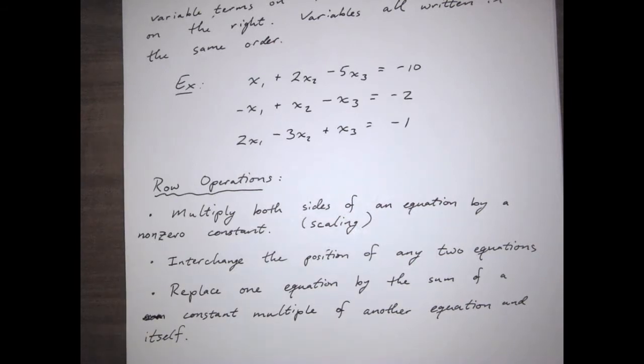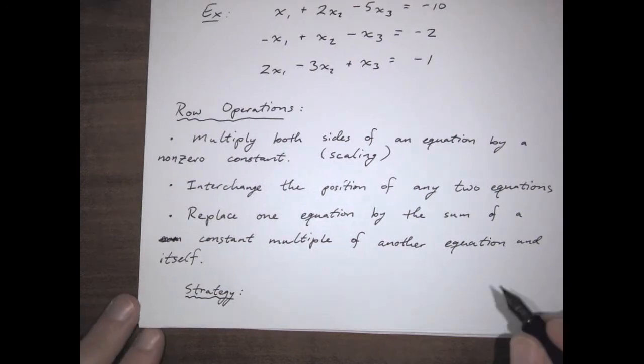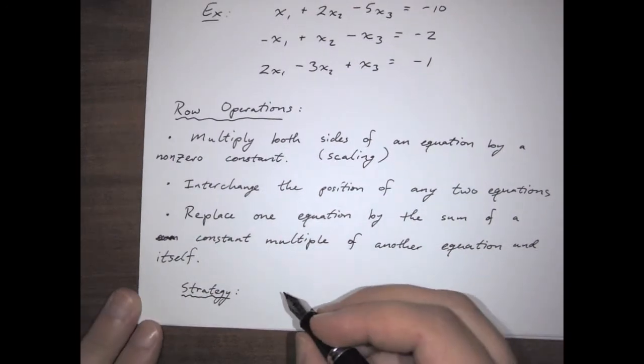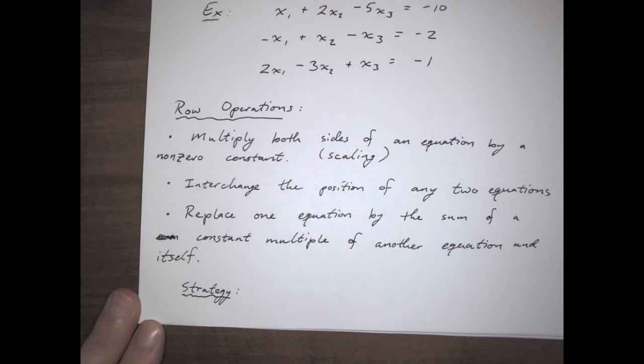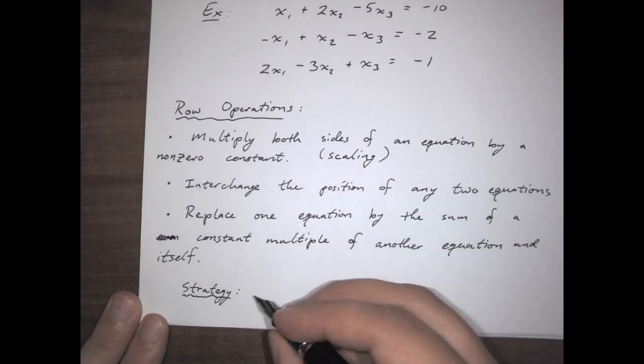All right, and now the strategy. The strategy behind all of these operations is the following. The goal is elimination of variables. The goal is to eliminate as many variables as you can from as many of the equations as you can by finding convenient constants to multiply by.